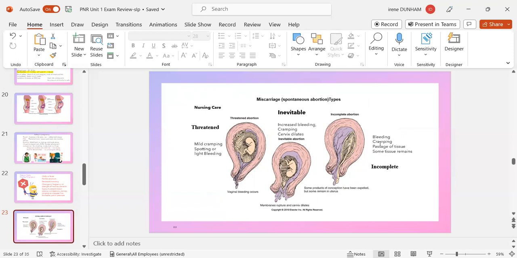On these, you would have to do a D&C, or dilatation and curettage. If she doesn't get all the products of conception out, then we would have to do a dilatation and curettage, because we can't leave anything up in the uterus. All right, so those are your different types of spontaneous abortions.